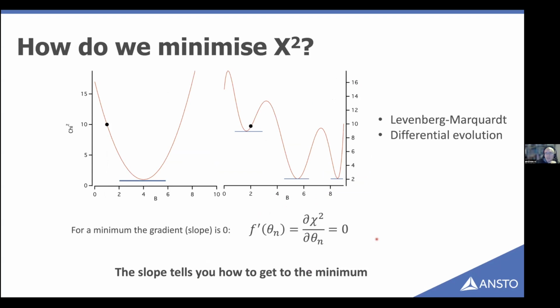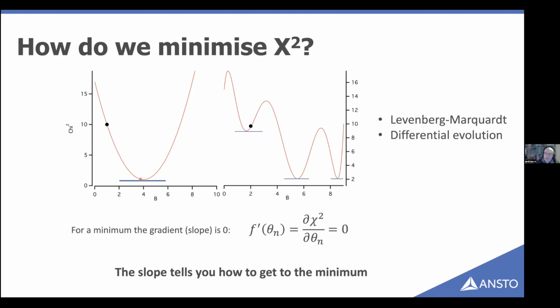Normally we minimize chi-squared, or the negative log likelihood, with something like Levenberg-Marquardt or differential evolution. What we're effectively doing is, as we vary the parameter value, trying to minimize chi-squared to get down to a minimum in that value.